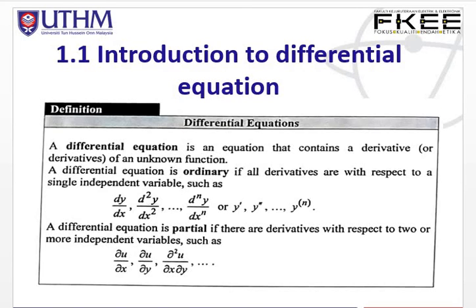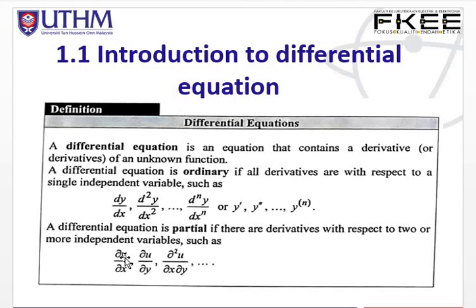And then the partial type of differential equation. A partial type is a derivative with respect to two or more independent variables, such as du over dx, du over dy, or d squared u over dx dy.